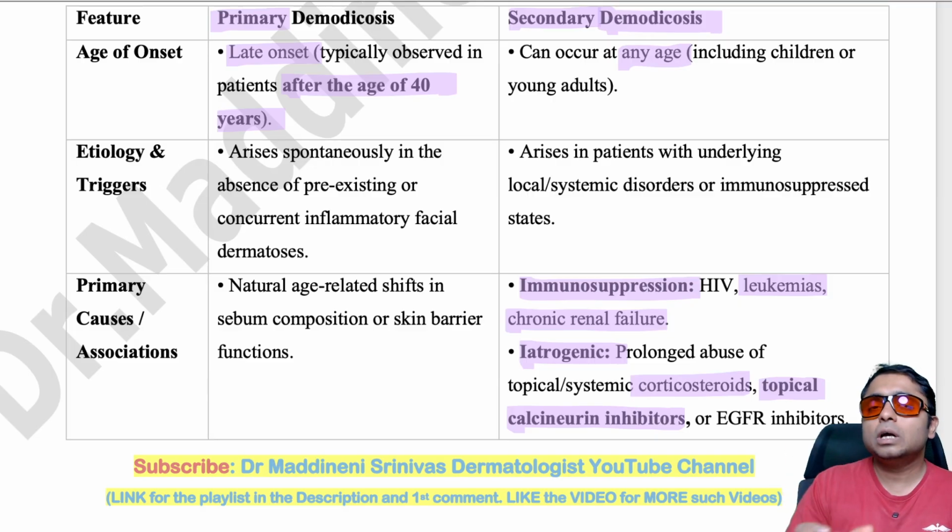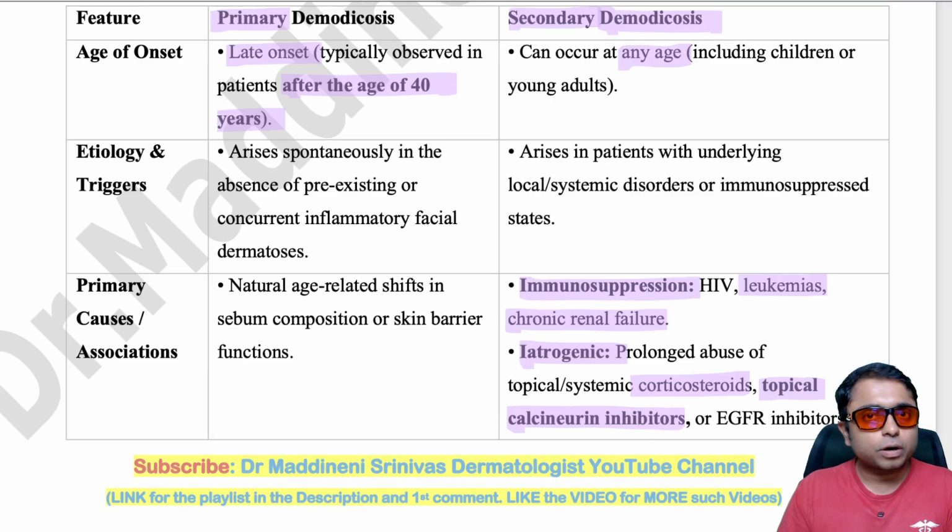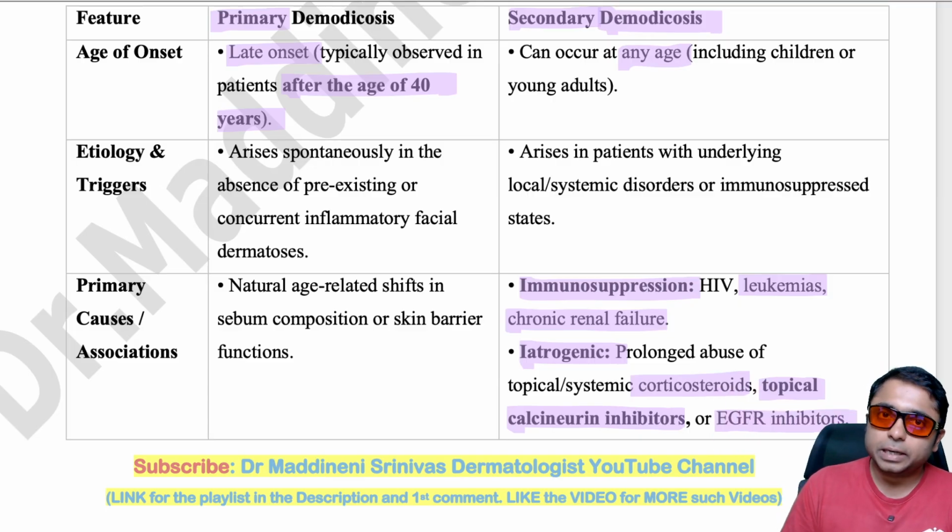So please make a note that don't think that it is only the topical or oral steroids which could cause this. Even the calcineurin inhibitors, if they are used for long term, they could also produce this immunosuppression, and EGFR inhibitors, right? So primary it arises spontaneously, there is no requirement of any pre-existing concurrent facial dermatosis, whereas secondary it is going to have some kind of underlying local or systemic immunosuppression.